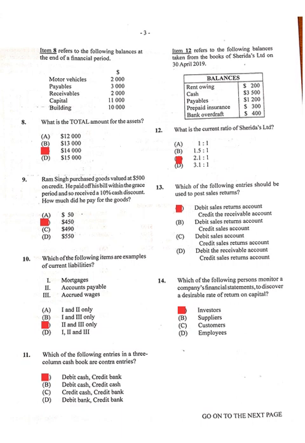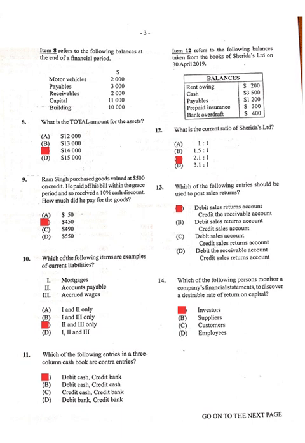So we add our current assets. In this case, it is cash 3,500 and prepaid insurance of 300. And then we divide by our current liabilities, which is rent owing plus payables plus bank overdraft. When we do that, we get 2.1 to 1. So that is our current ratio.